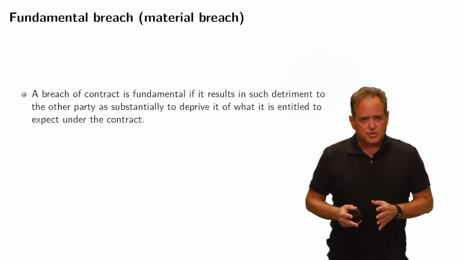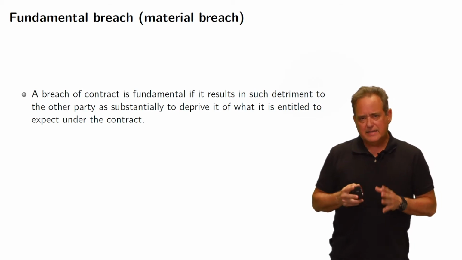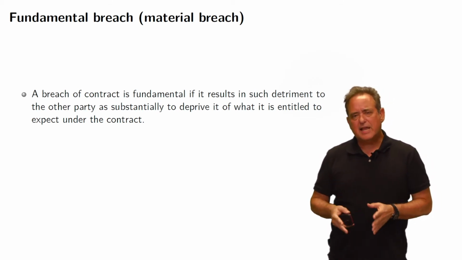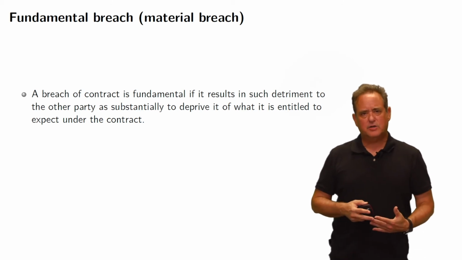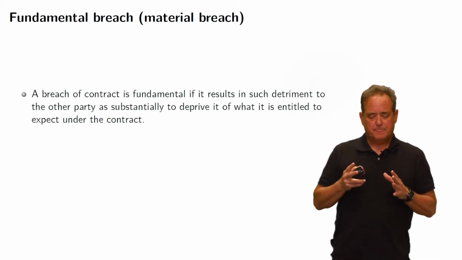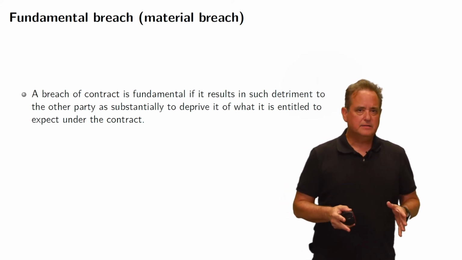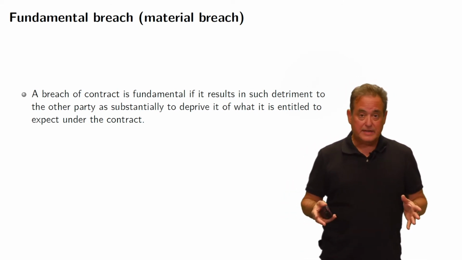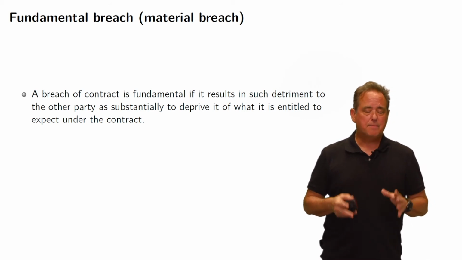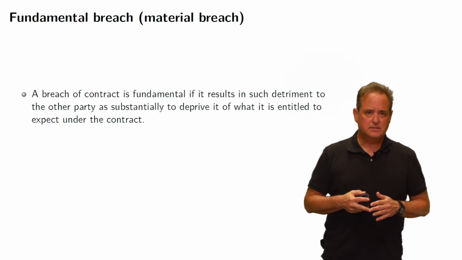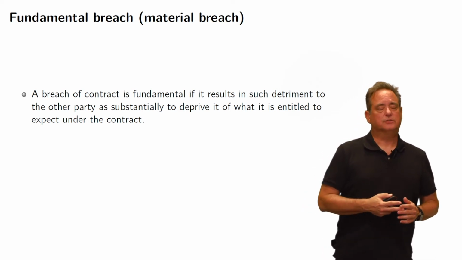So there must be a detriment to the other party, and that detriment must substantially deprive the party of what it expected under the contract, meaning the party's expectation was not met, usually at all. So if my expectation was never met, then that indicates a fundamental breach.